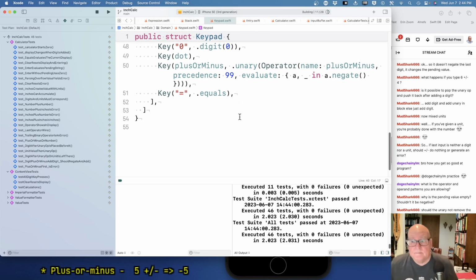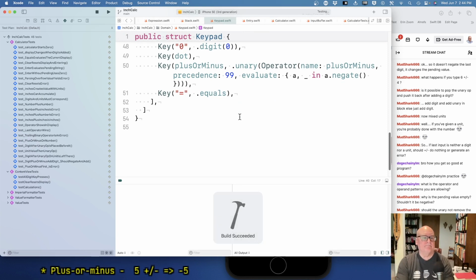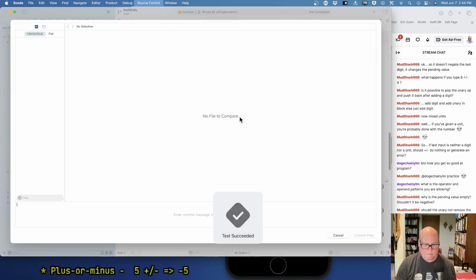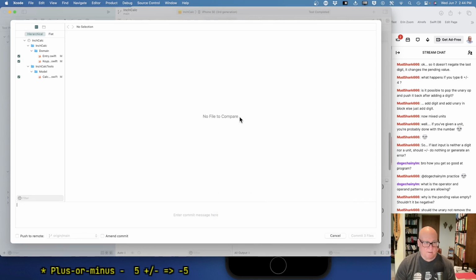Okay, make all uses of add, subtract, multiply, or divide use dot binary now.